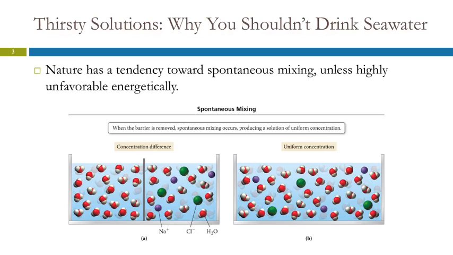Nature has a tendency towards spontaneous mixing. The only exception is if that is highly unfavorable energetically, and there are definitely cases where that's true. So if we imagine this, we've got a container with water, and there's a barrier here, could be like an aquarium with a glass wall in the middle.